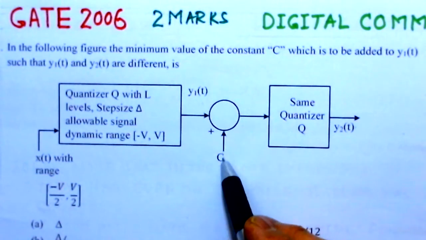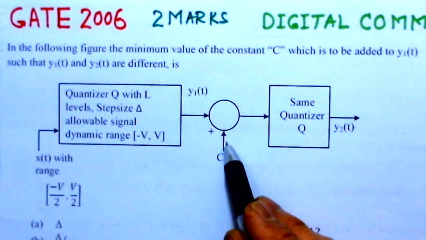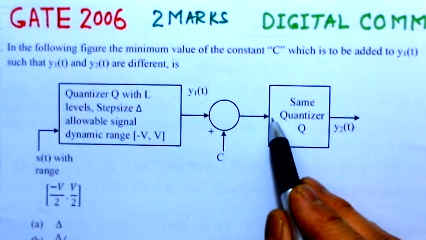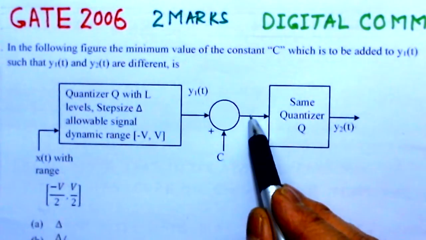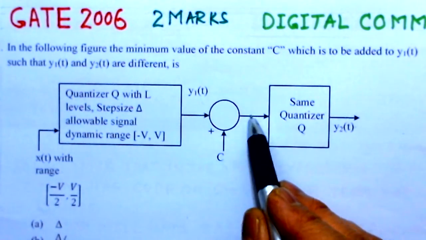Now the C is an external voltage which is added and applied to the second quantizer.